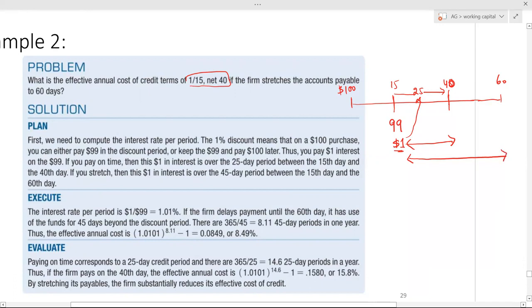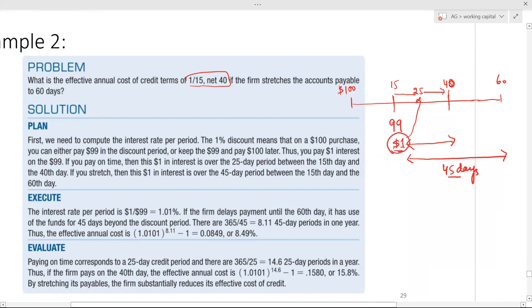For the remaining 45 days. Okay, I repeat it again. So if the company wants to take the benefit of discount, the company takes a discount of $1. Okay, so the company can pay it and that's all.